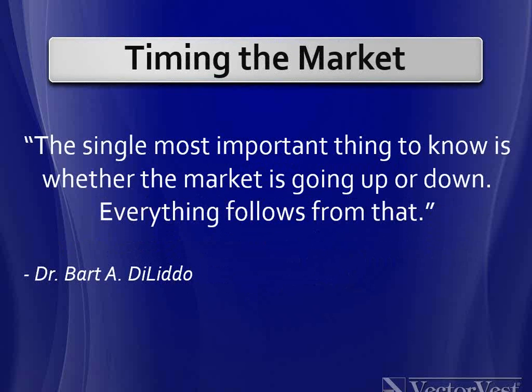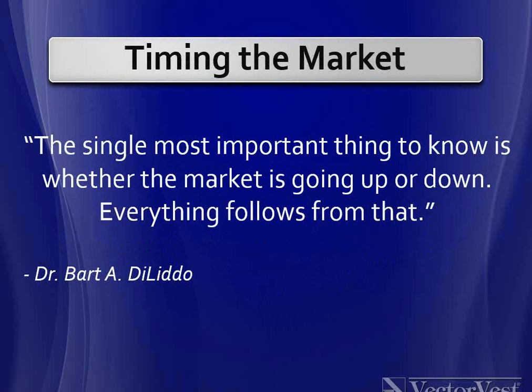That's a quote from Dr. DeLito, and I'd like to amplify that, saying not only is it important to know whether it's going up or down, is it in an uptrend that's strengthening or an uptrend that's weakening? Very different scenario, right? As opposed to also is in a downtrend, but is that downtrend strengthening or weakening? So I'm going to show you this afternoon how you can determine the answer to those questions and therefore your approach to the market.